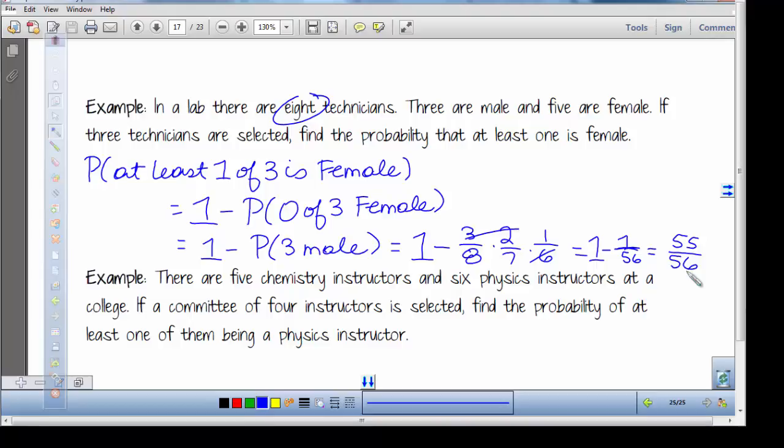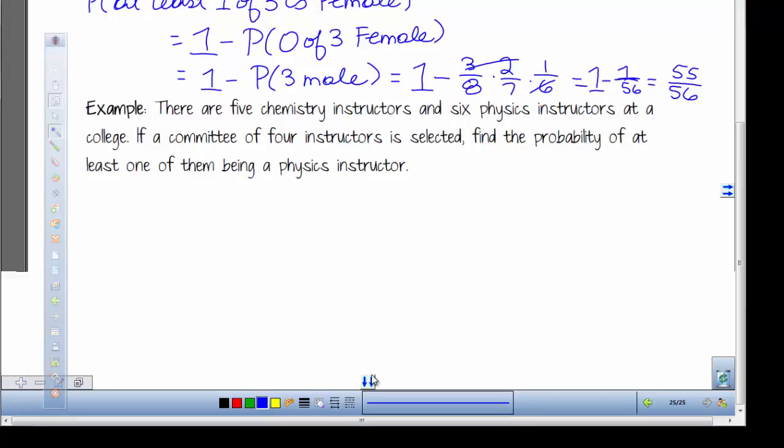Okay, this last problem is very similar to the previous one. We've got 5 instructors who are chemistry instructors and 6 that are physics instructors. We've got a committee of 4 instructors that needs to be selected. Find the probability of at least one being a physics instructor.